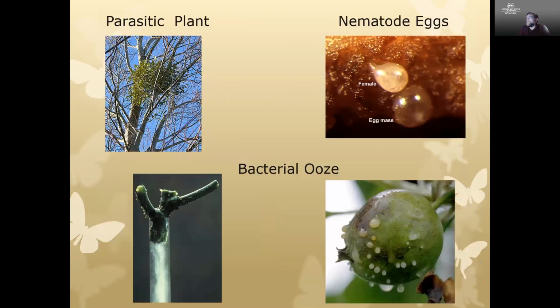Some other signs you might see: there's a parasitic plant that is growing up in the branches. That's the physical appearance there. You may see nematode eggs on the root system. You may see an ooze coming off of a plant, or you may see streaming of bacteria out of cut plant. All of those would be examples of disease sign.